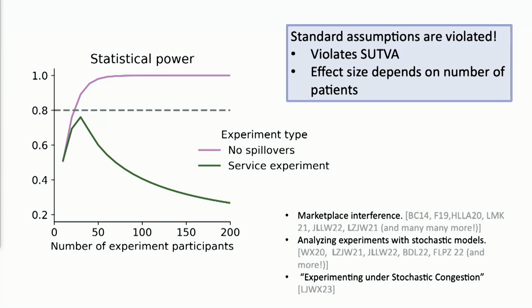We'll end up doing that here in this problem as well. Another very related paper is called Experimenting Under Stochastic Congestion. It's great, you should all go read it. They also look at congestion and capacity-constrained queuing, essentially a queuing system, but we focus on very different estimands and effects.